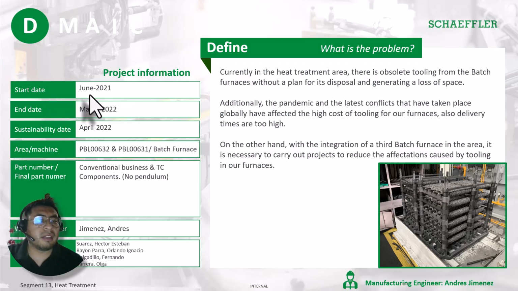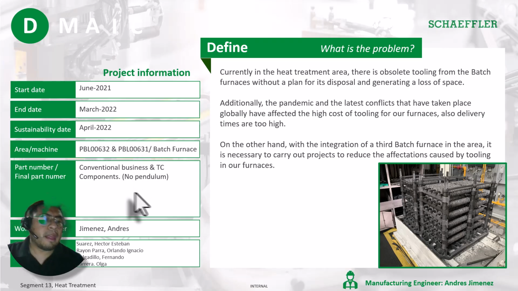The start date of this project was June 2021, and we ended this project in March 2022. This project was applied to the batch furnace, which was a furnace for heat treatment, for machines 632 and 633.